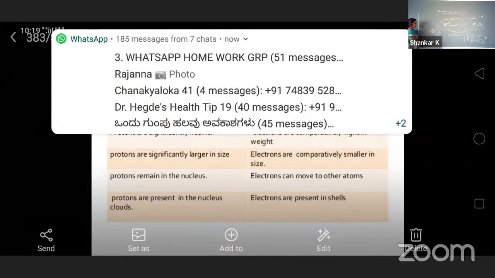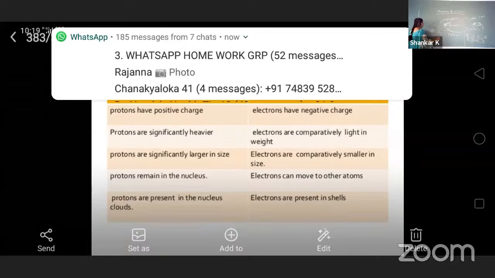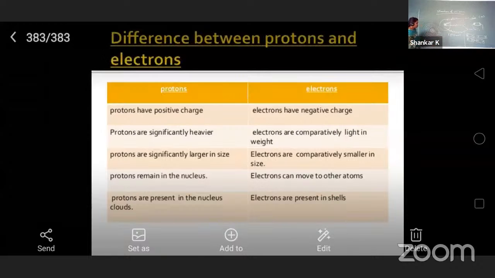The formula to fill electrons is 2n squared. If n is 1, the first shell, 2n squared is 2. So only two electrons should be there.